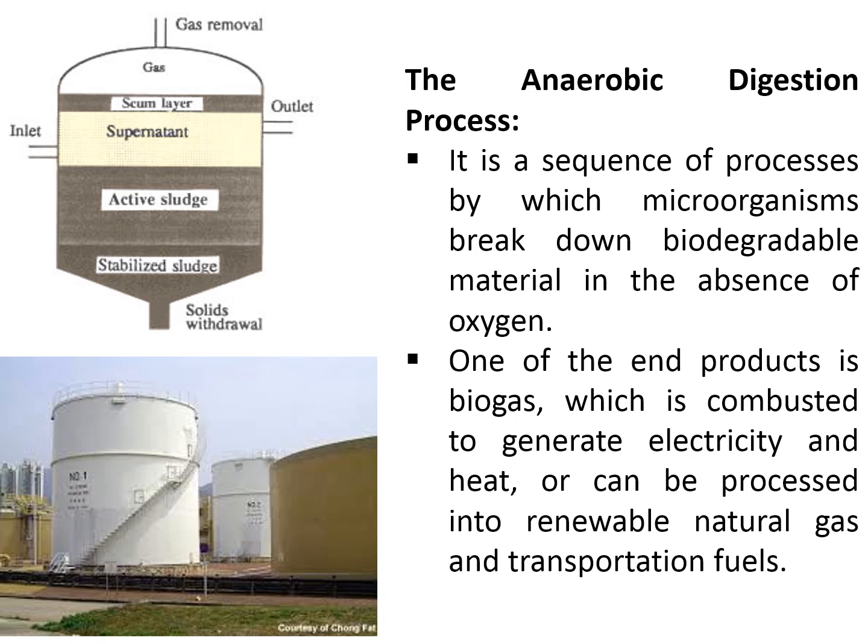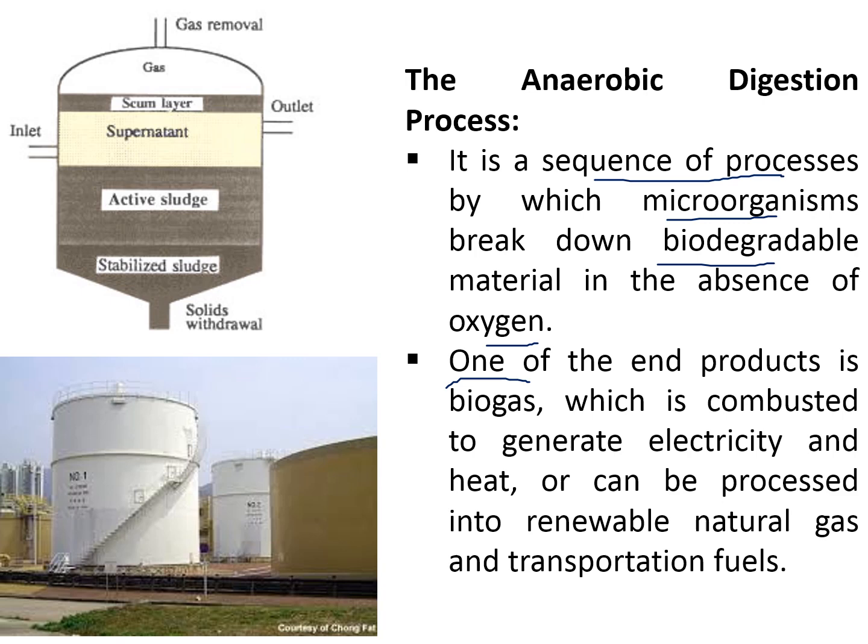After that, whatever sludge is collected in the primary sedimentation tank as well as the secondary sedimentation tank is to be supplied to the anaerobic digester. Anaerobic digestion is a sequence of processes by which microorganisms break down biodegradable organic material in the absence of oxygen.